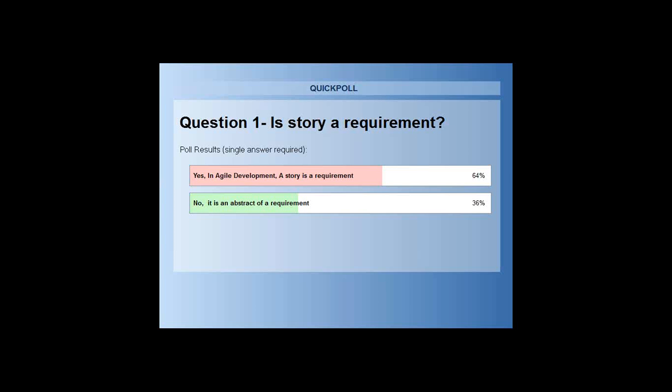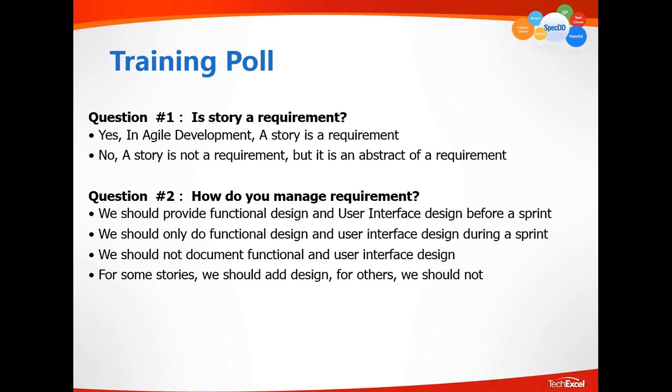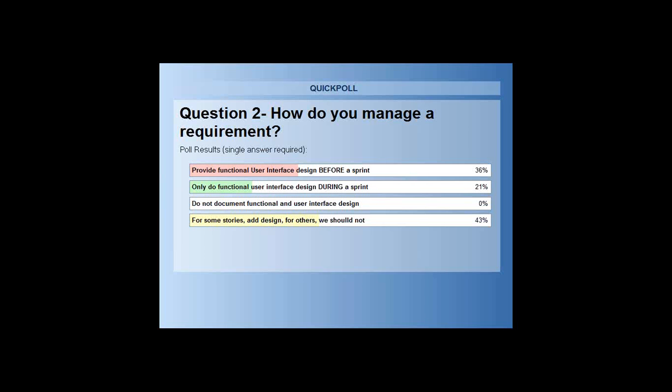Yeah, okay, let me pull up the second question. 36% says provide functional design and user interface design before a sprint starts. 21% say only do functional design and user interface design during a sprint. And 43% says for some stories we should add design, for others we should not.